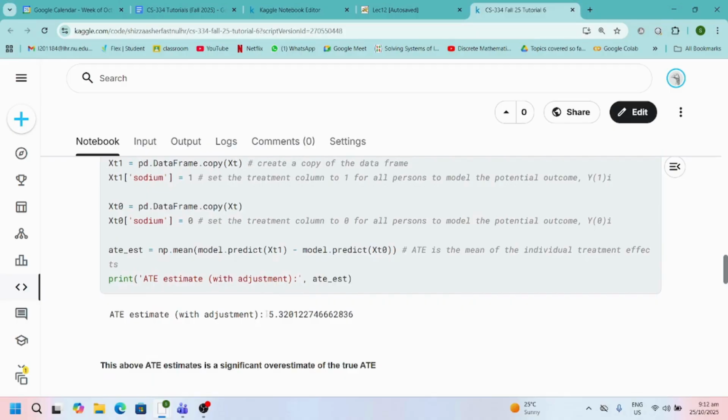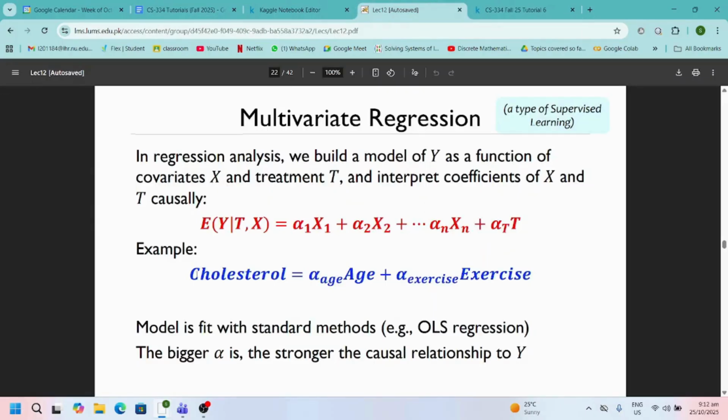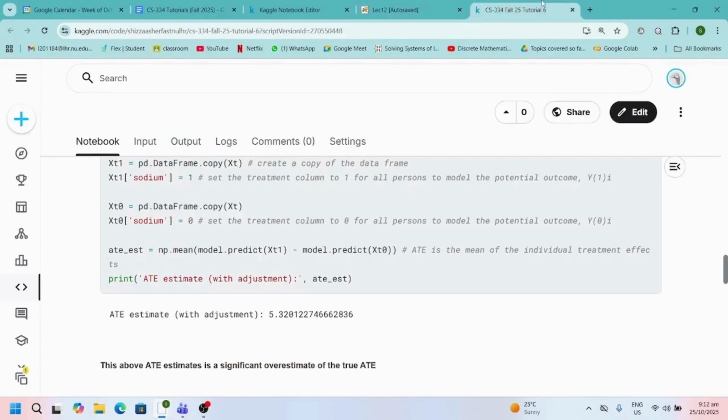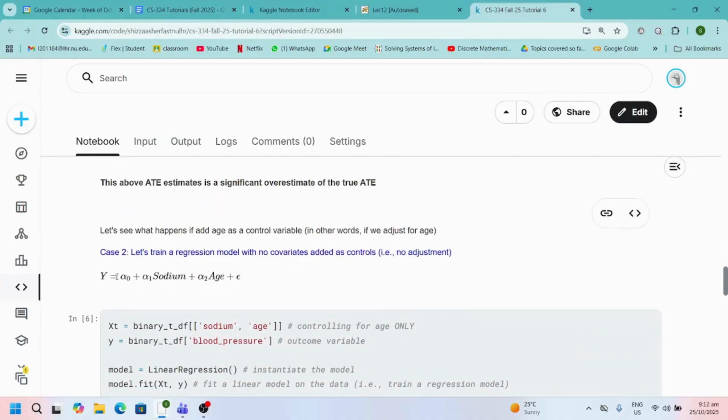Without right now controlling for anything, this comes out to be 5.32, which is essentially fairly similar to difference in means. But to be fair, the idea is to be able to include covariates, and अभी हमने कोई भी covariate नहीं include किया. Then suppose that I include age with sodium as well.